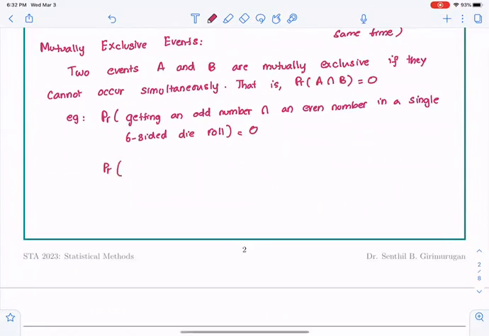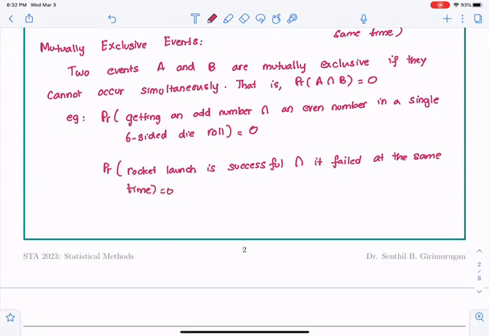Another example, the probability that a rocket launch is successful and it failed at the same time. That probability is going to be 0. If a rocket launch is fully successful, we can't say it failed. If the rocket launch failed, we can't say it was successful.